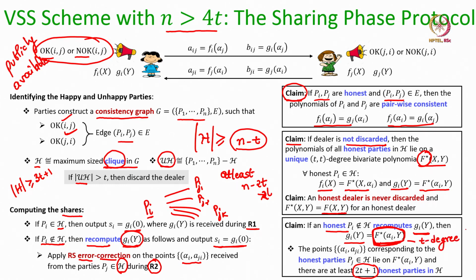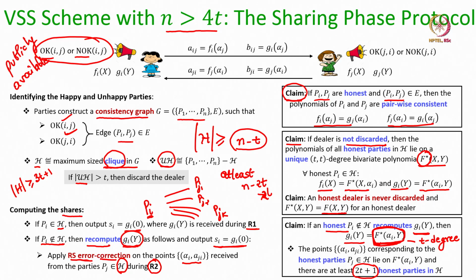Now, there could be up to t corrupt parties in the happy set who during the second round might have given incorrect common points to p_i, and it is precisely those points which are error corrected through this Reed-Solomon error correction process. So, it is not guaranteed that every party in the happy set would have given the correct point on its row polynomial to p_i during the second round.